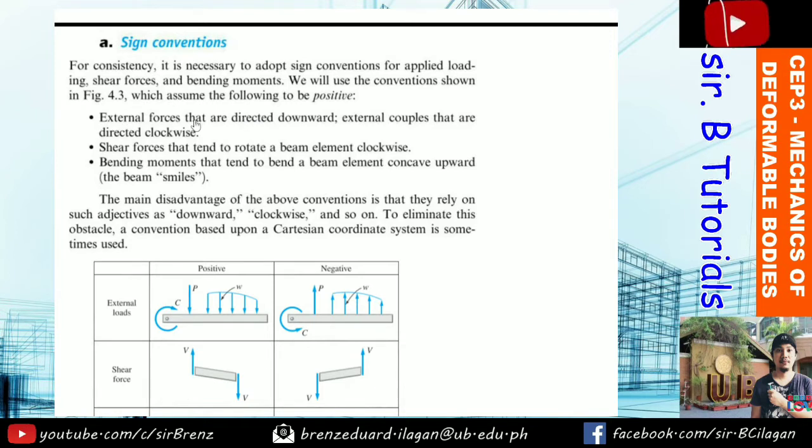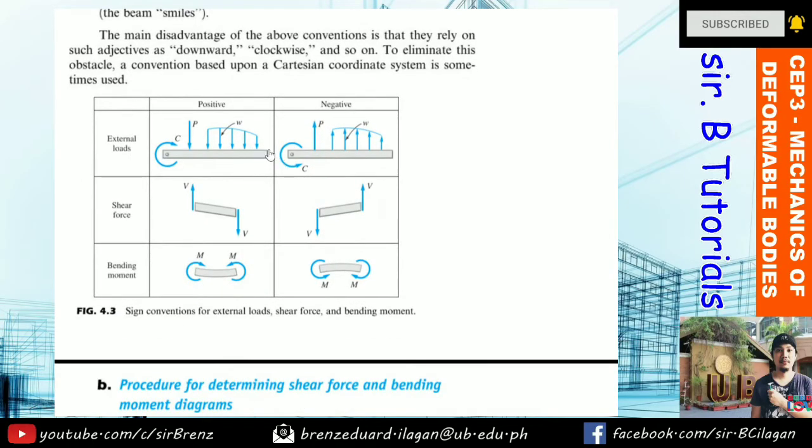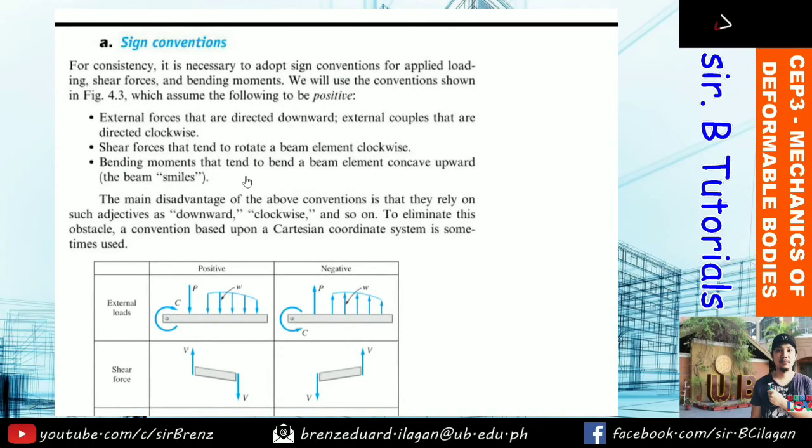First, external forces that are directed downward, and external couples that are directed clockwise. Next, shear forces that tend to rotate a beam element clockwise. And last, bending moments that tend to bend a beam element concave upward. When those are your cases, that is considered to be positive.